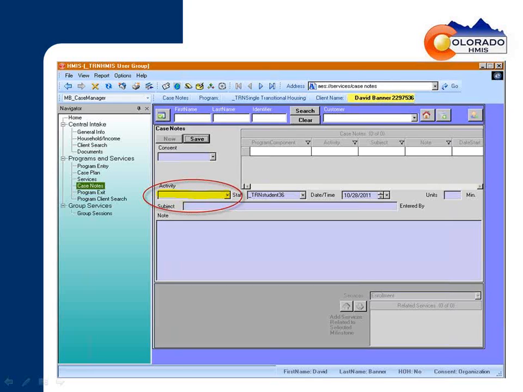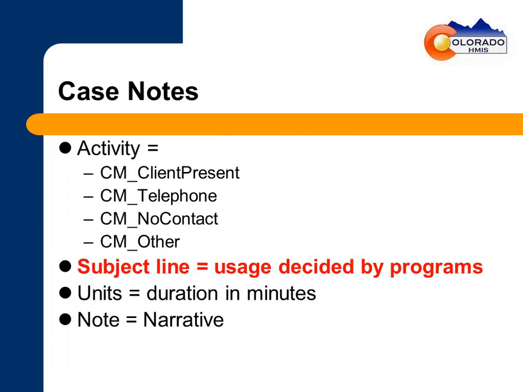You're not having a face-to-face encounter with your client, and you're not on the phone with your client, so it can't be client present or telephone, but instead you're on the phone on your client's behalf with someone else in order to help meet your client's needs. That would be an example of case management other.